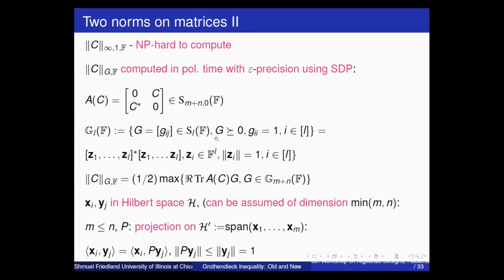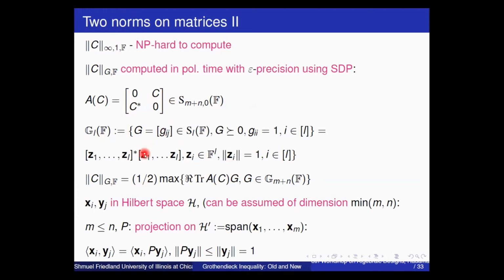Let's first of all take a matrix C and make it self-adjoint, which means real symmetric over the reals and Hermitian over the complex numbers, by this trick. And let's assume that GF is the set of covariance matrices.